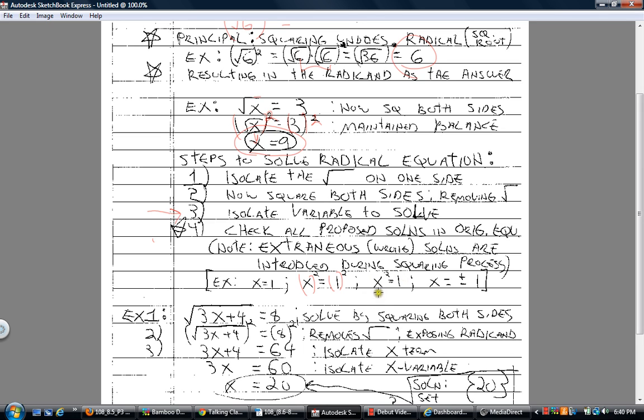Now isolate the variable: take the square root on both sides. The square root of x squared does produce x, but the square root of 1 could be either a plus or a minus. Negative 1 times negative 1 is also a positive 1. Thus, the unfortunate circumstance is we start with x equals positive 1 and we introduce this erroneous negative 1 into the equation. So keep that in mind.